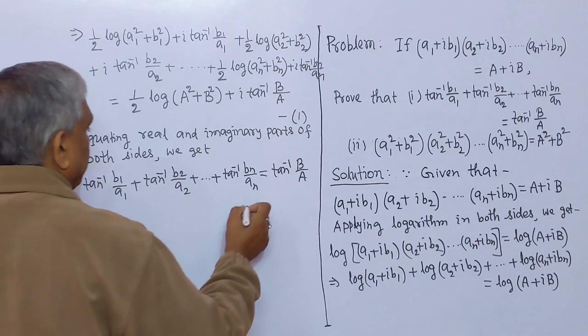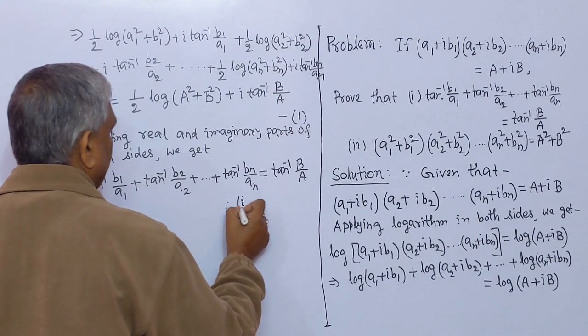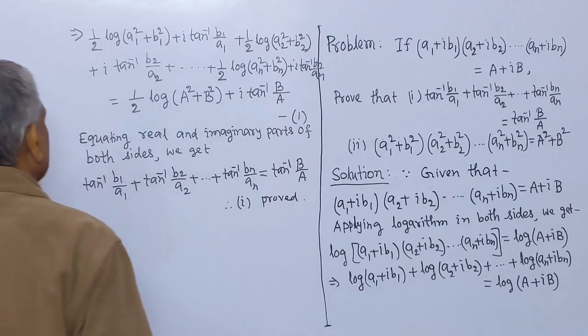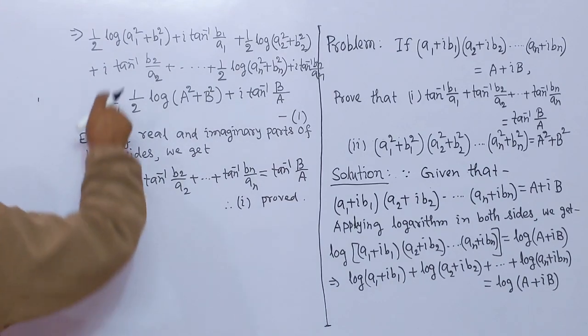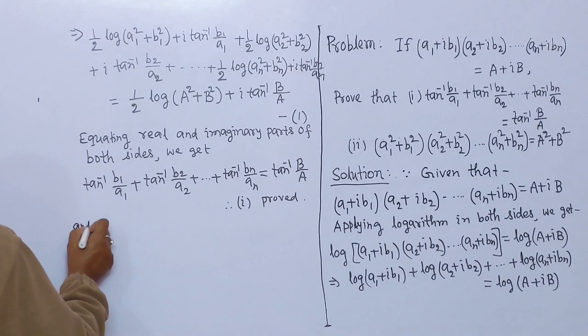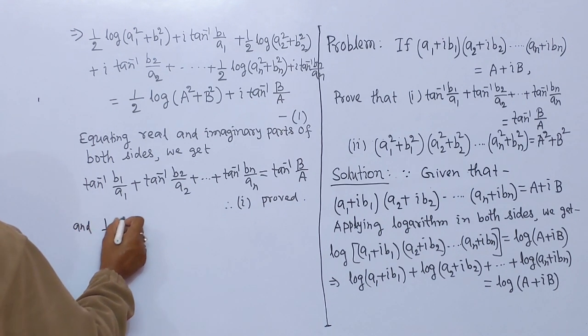So, therefore, number 1 proved. Now, equating real parts of both sides, and half we take common.